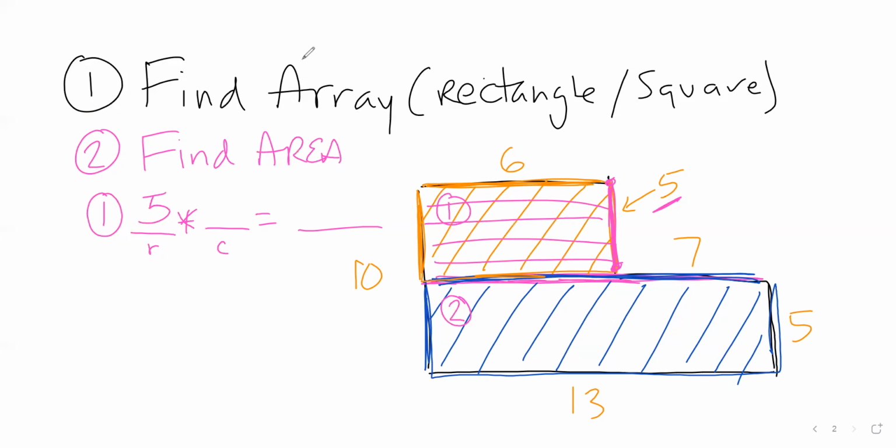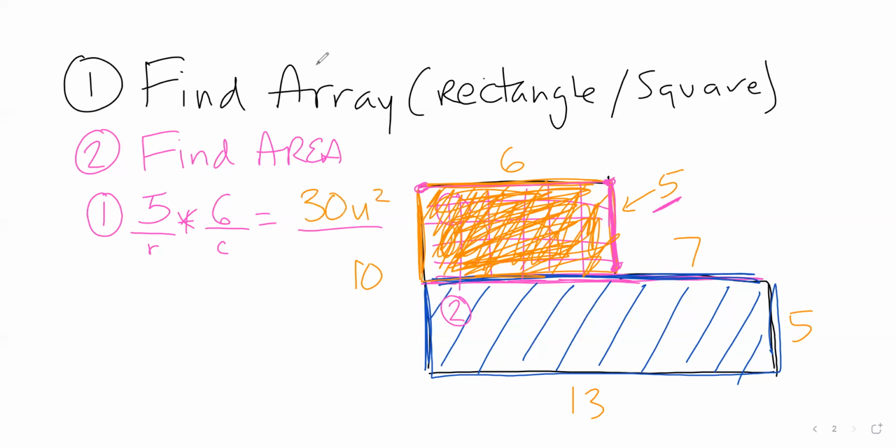And then I'm going to multiply that by the distance between here and here, my columns, which is 6. To find the area of this entire thing, which I've done in orange and pink, so I'll go back over it in orange, to find how much space this takes, if I colored in all those squares, I would end up with 30 units squared.